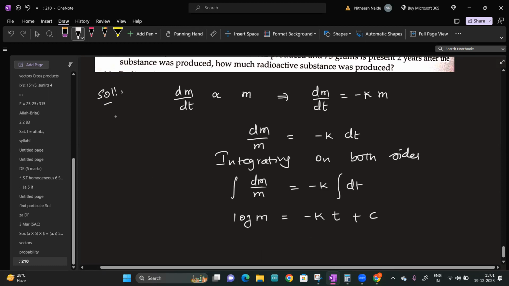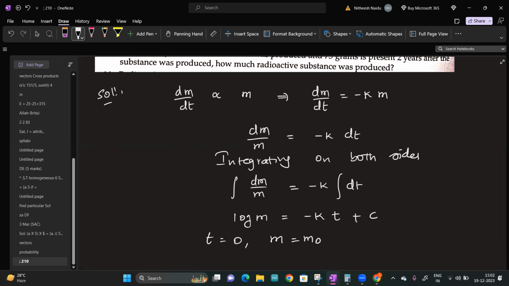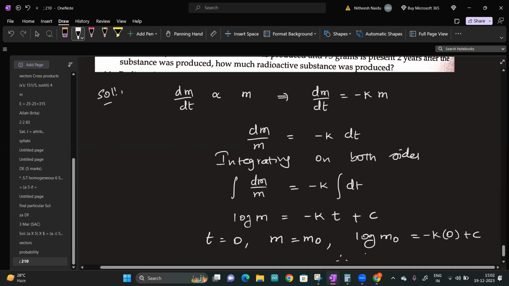Question 13. At the initial stage, t value will be 0 and m value will be m naught. Now we will substitute here: log m naught is equal to minus k into 0 plus c. Therefore c is equal to log m naught.